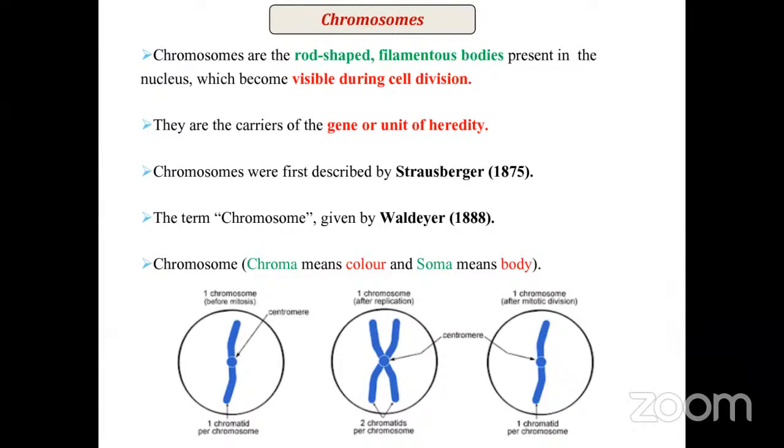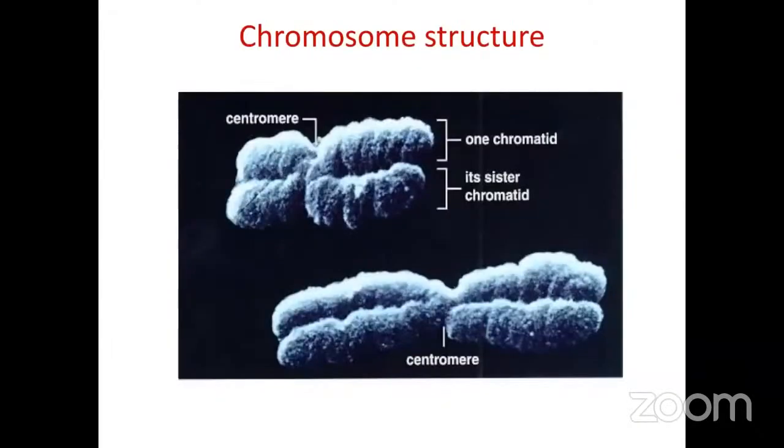In the middle U structure, this is after the S phase, that is, after DNA synthesis. As I told you, the sister chromatids get synthesized during the S phase. Those sister chromatids are joined together at one center, and we call that center a centromere.